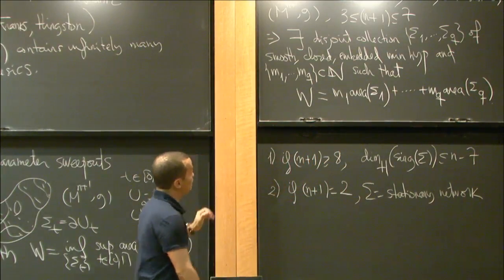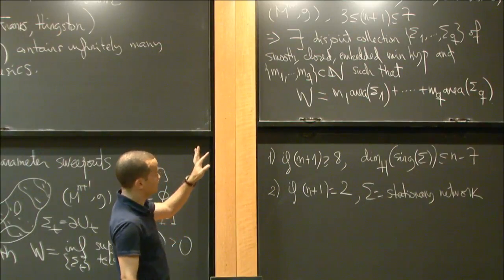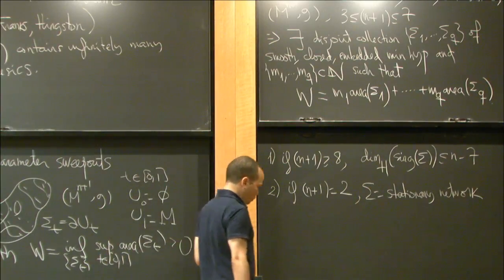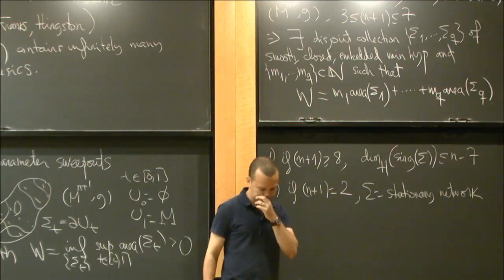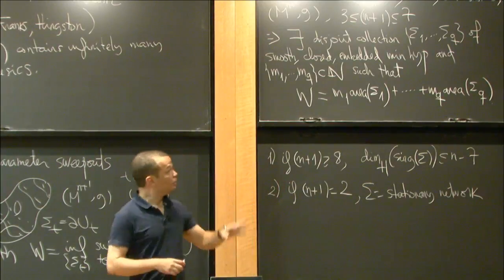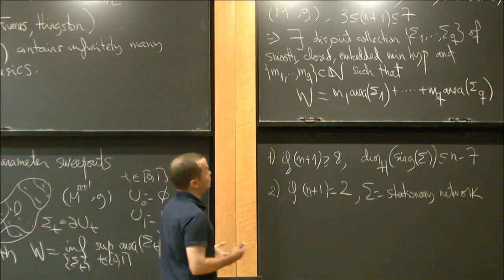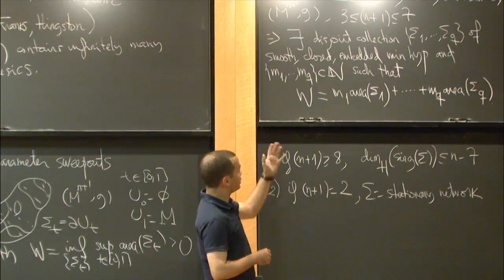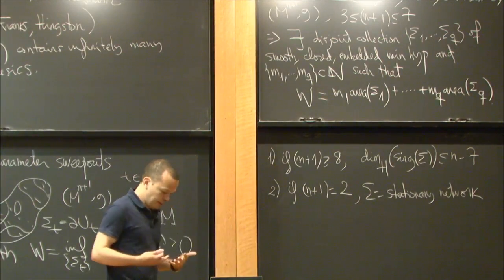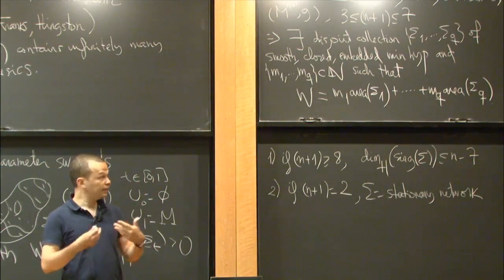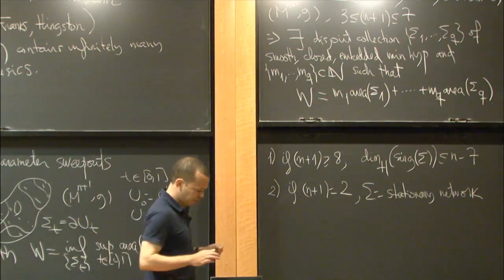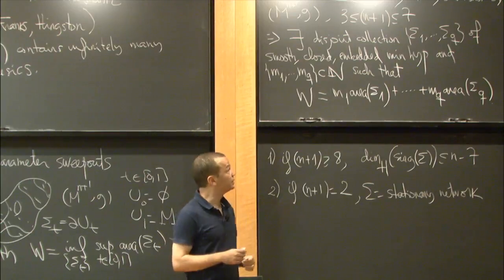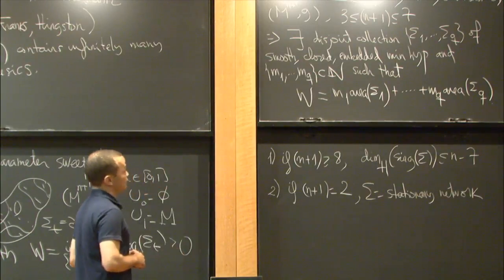Okay, and I should say here that this is really important, because before the work of Schoen, of course, it was very important to study area minimizers. But with Schoen, people started looking at surfaces that are stable, meaning that the second variation of the area functional is not negative, but maybe not globally area minimizers.